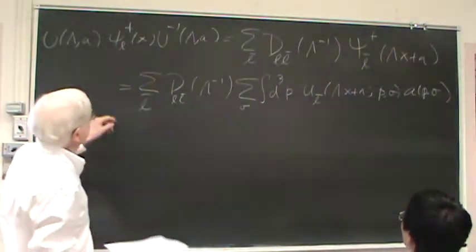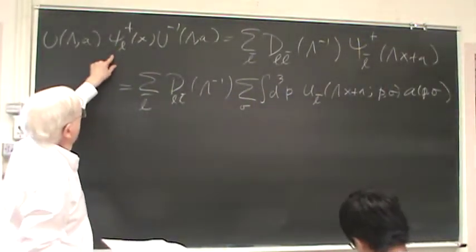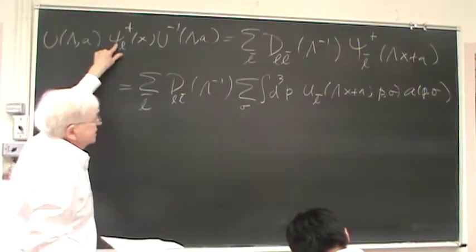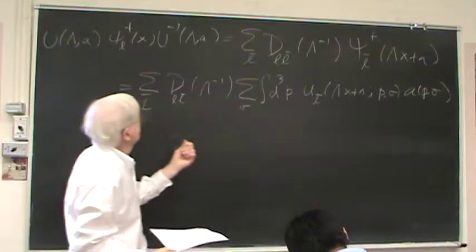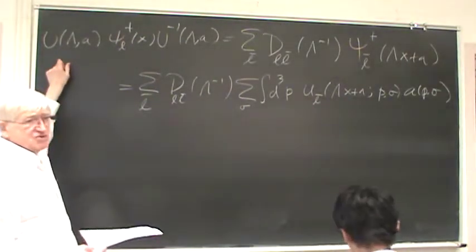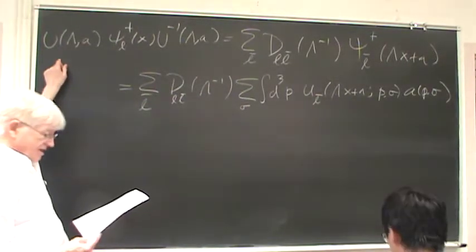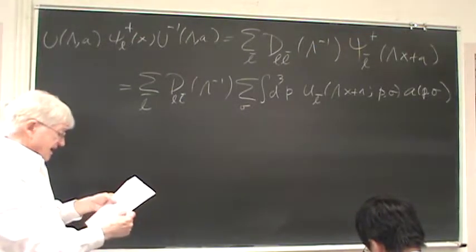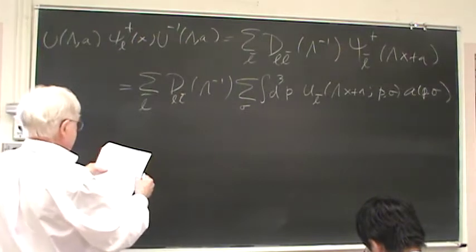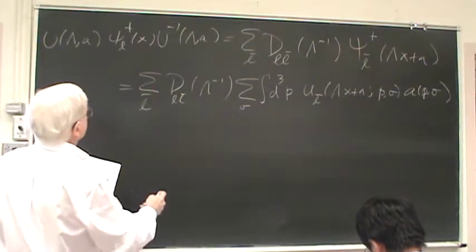But on the other hand, we also know that the field, being a linear combination of annihilation operators, we know how the annihilation operators transform under U. And so we are going to put that into play.